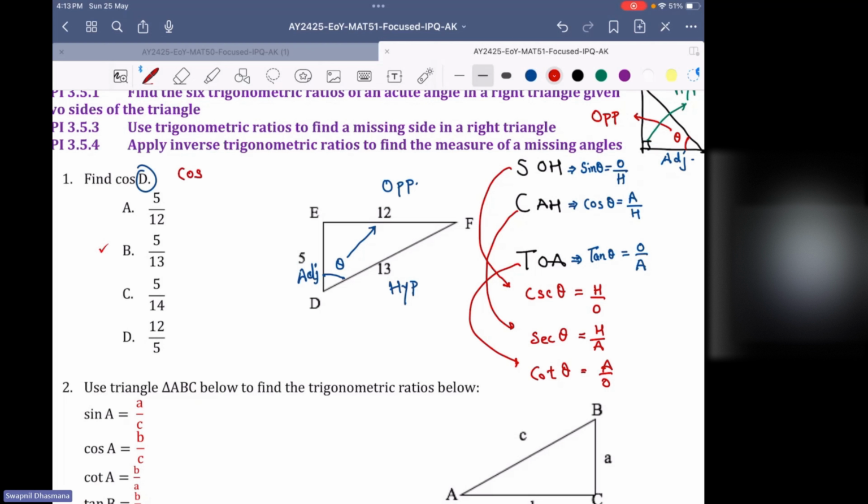So cosine d equals, out of SOH CAH TOA, cosine has a and h. So I will use a and h. Adjacent divided by hypotenuse, which means 5 over 13. And that is your answer.